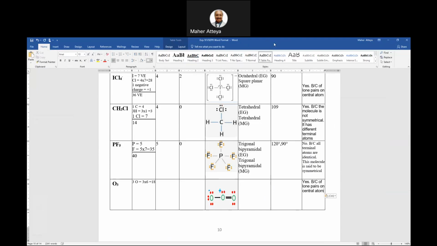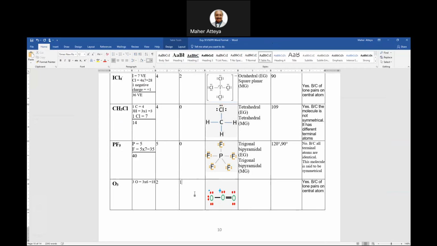So how many? We have here one, and here one. We have two. So bonding is two. How many non-bonding? One set is here. One set is non-bonding. So we write one here. So one is non-bonding.